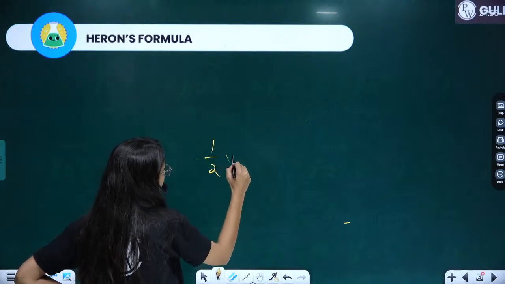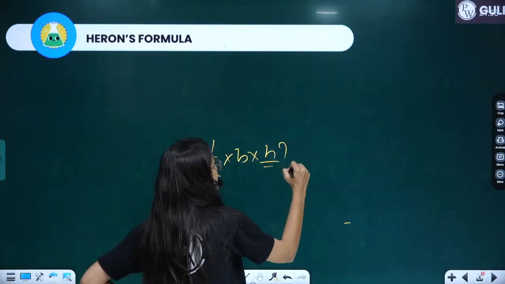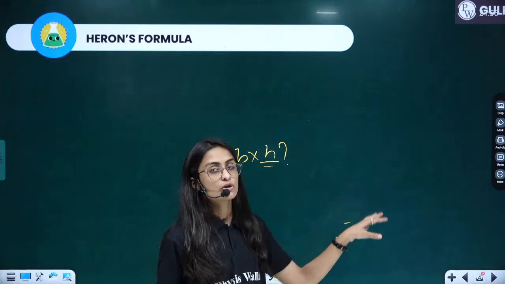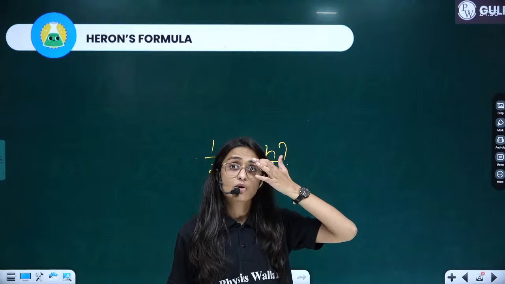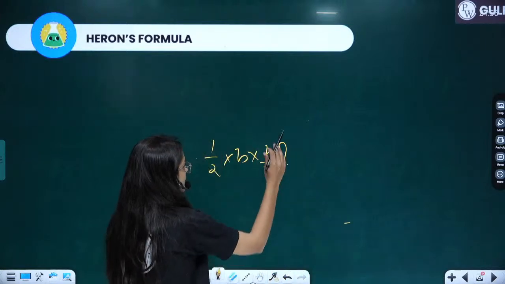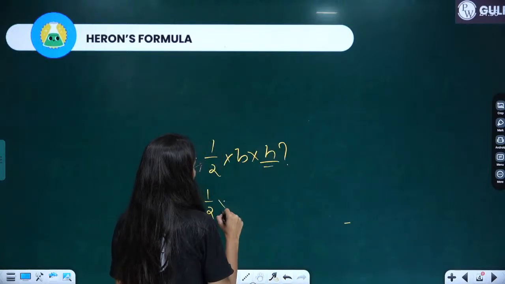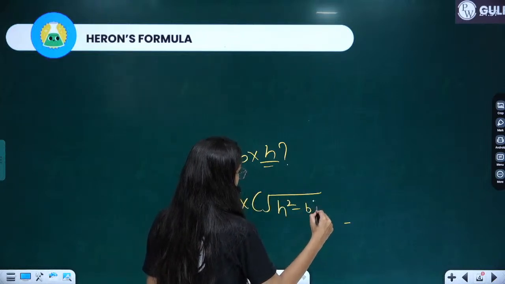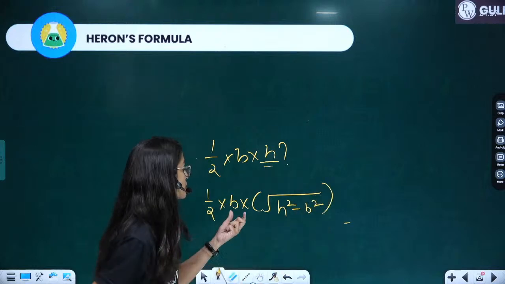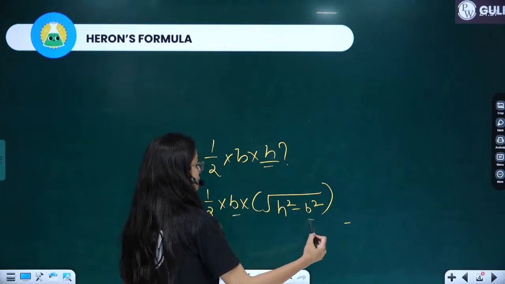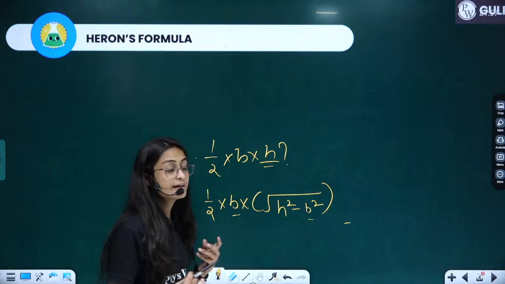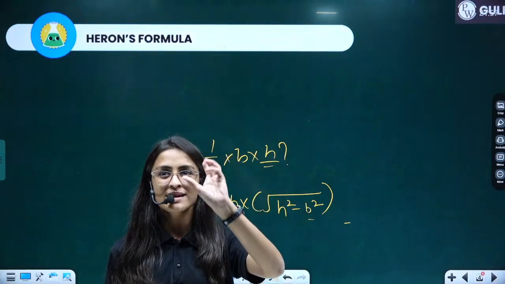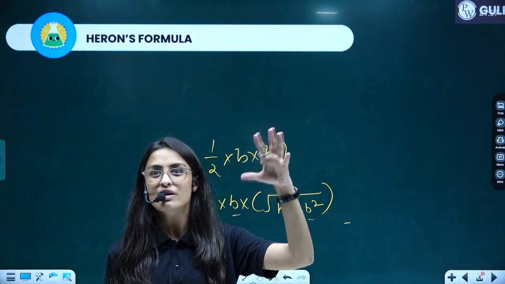We have half base into height, where you need to find the value, right? So this actually depends on your Pythagoras. You are telling me you have seen complications of under root.